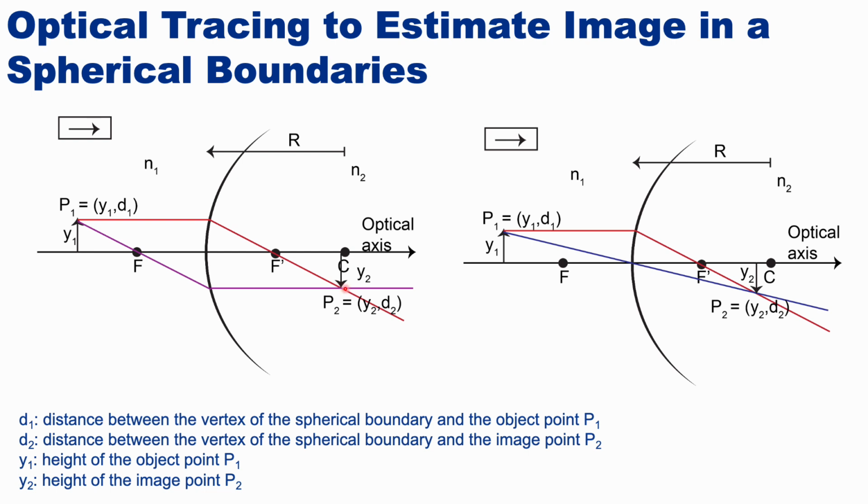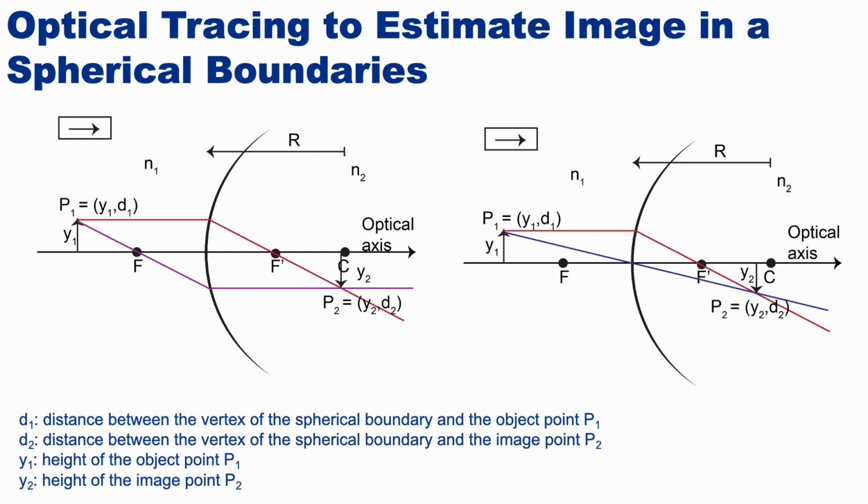So a difference from the mirror, spherical boundaries have two focuses: the front focal point, for which we won't use the prime, and then the image focal point or back focal plane. The purple ray is the one that from the object point passes through the front focal point, meets the spherical boundary, and then goes away from the boundary as a ray parallel to the optical axis.